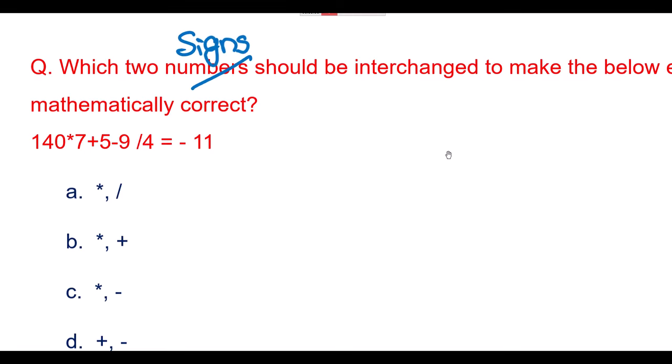See, multiplication must be changed with division, or else 140 into 7 will become a big number. The right side is negative, that is a small number. So 140 into 7 multiplication must be replaced with division.